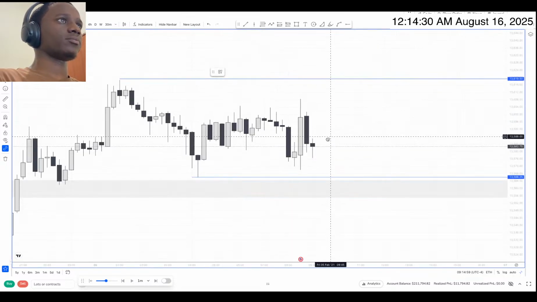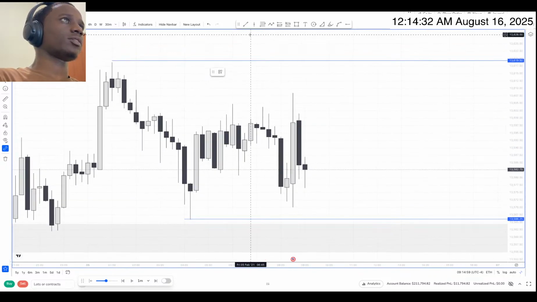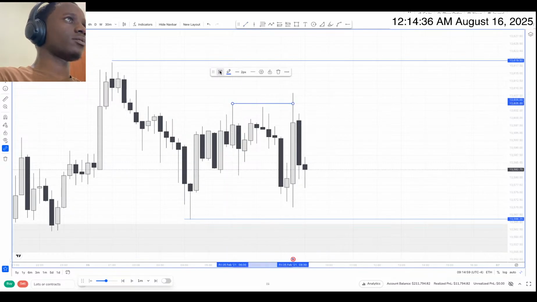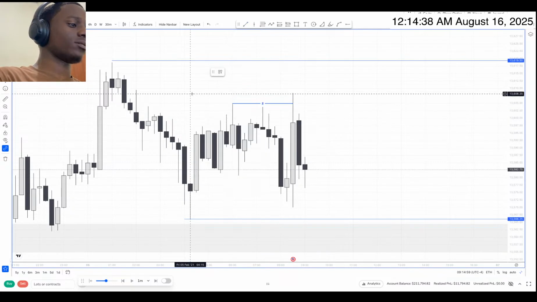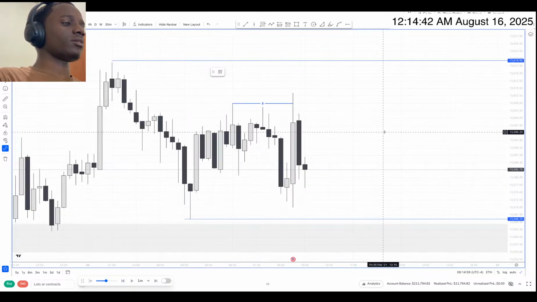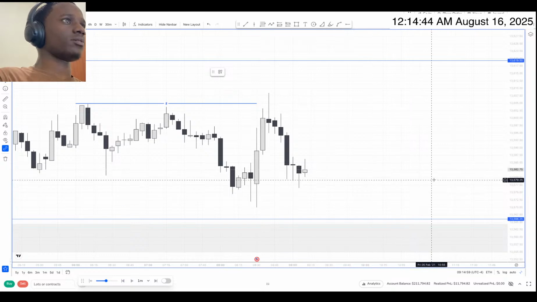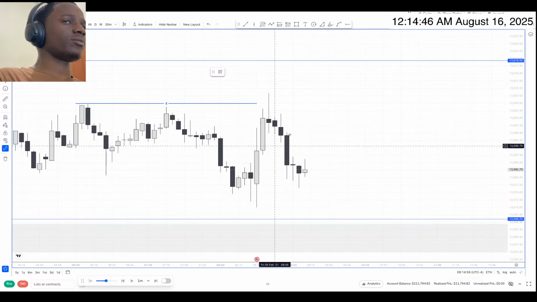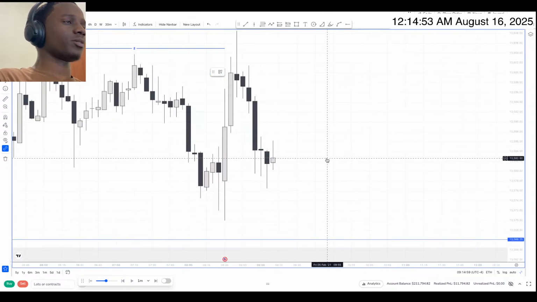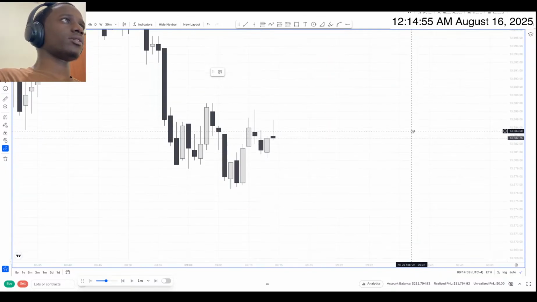15. And on the 15, I can see that we ran over the highs. Yeah, we ran over the highs. And we're creating some inversions, which means bullish PD arrays are getting disrespected. So I've got to be looking for some sells now. Let's see if we can get some entry.